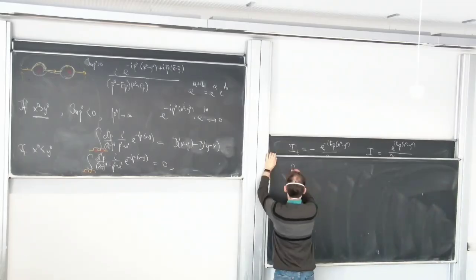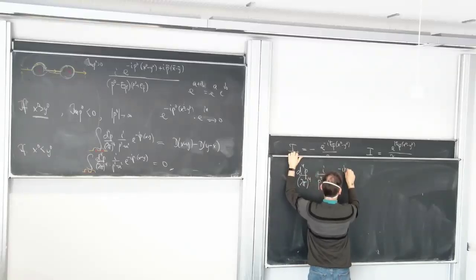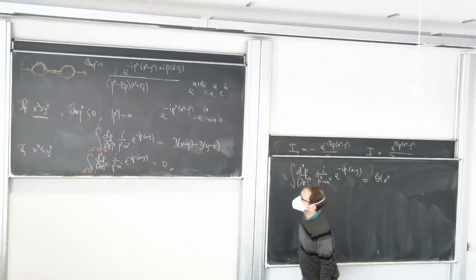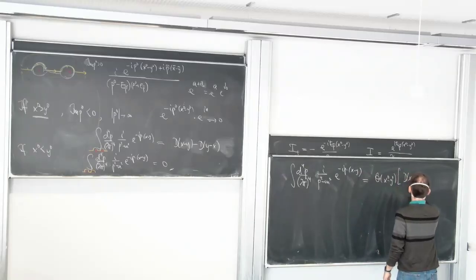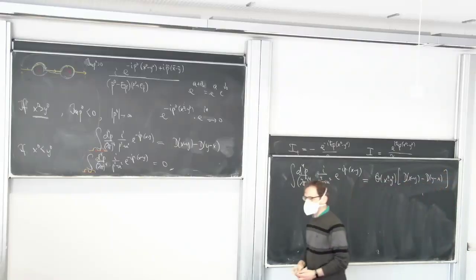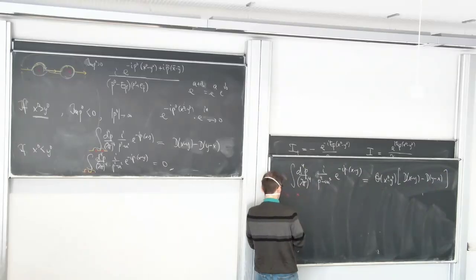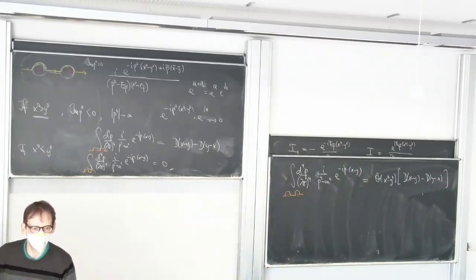I could write the integral d^4 p over (2π)^4, i over p squared minus m squared, e to the minus i p times (x minus y), is equal to theta of (x0 minus y0) times D(x minus y) minus theta of (y0 minus x0) times D(y minus x). So that's now both cases. And I have to write the poles above, because without saying that, it's just not defined.